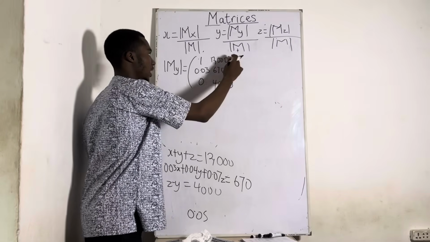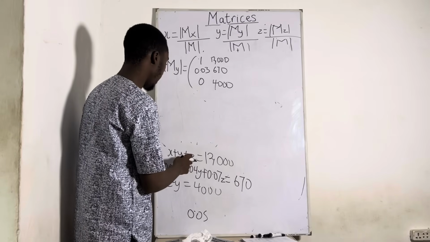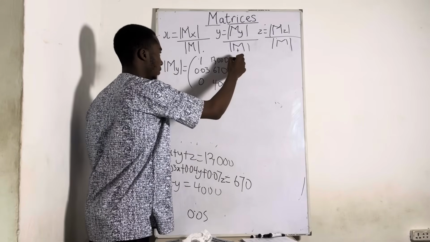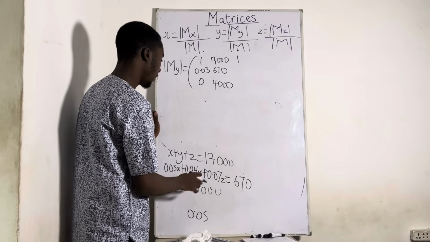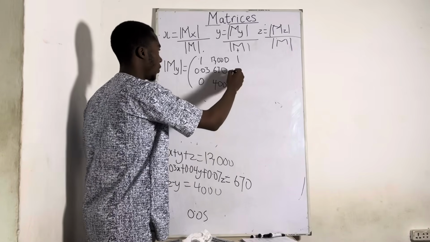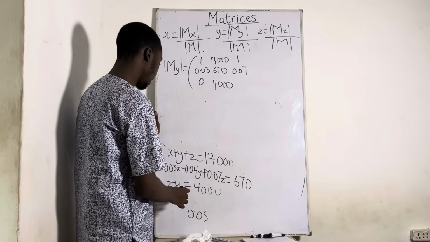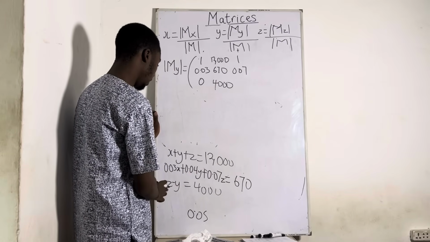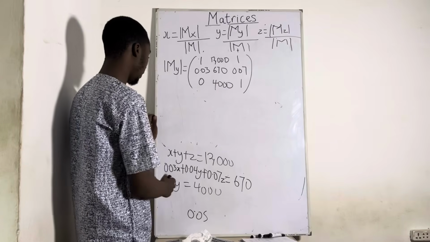Then let's move on to the last one, which is Z. So for our Z, our coefficient for Z in the equation 1 is 1. Because we have Z, you get it, so 1. Then for equation 2, we have 0.07Z. So our coefficient for Z is 0.07. Then lastly, our coefficient for Z in equation 3 will be 1. Get it? Because we have Z.